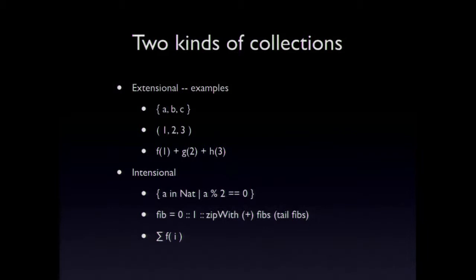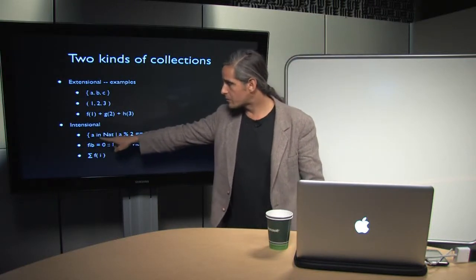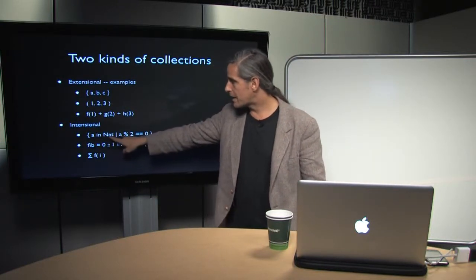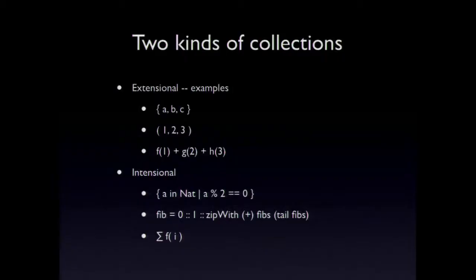And now, this is an important example, and I've set these up to line up this way. When we want to talk about infinite sets, which are very important in programming, for example, we might pick out the even numbers, all the A's in the natural numbers that are evenly divided by 2. That's an infinite set.